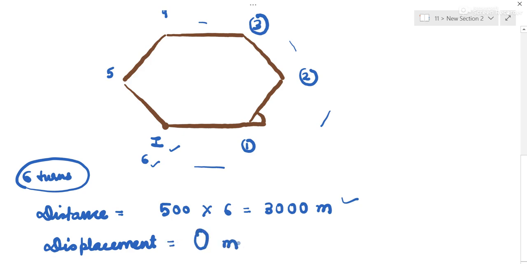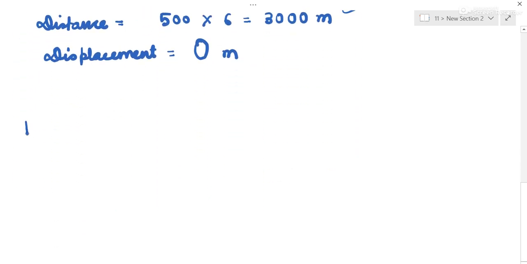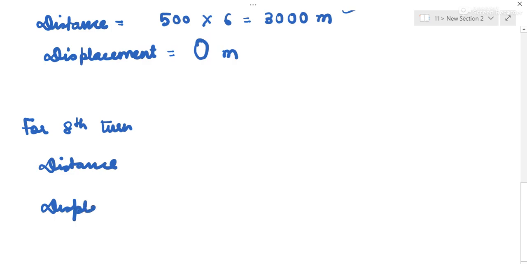Let us talk about the next part, which is for the 8th turn. For the 8th turn, we have to tell both things, distance as well as displacement. So you can see the distance for the 8th turn is 500 into 8.